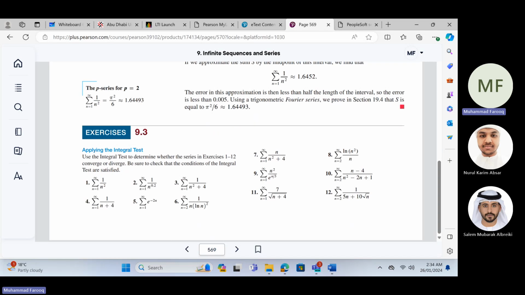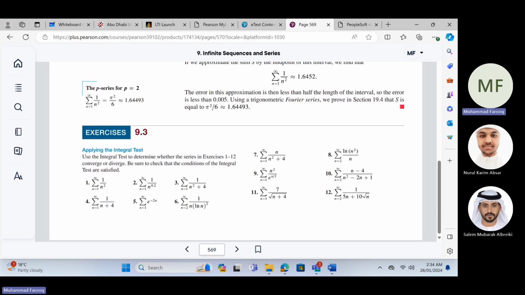Okay, this is 9.3, applying the integral test. For integration, the same rules which you have done already. You have done enough integration now, and you know how to integrate these questions. Okay, let's start with question number 6.